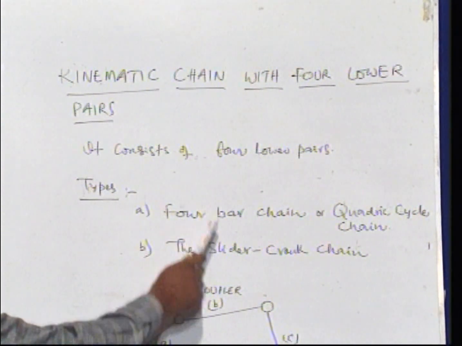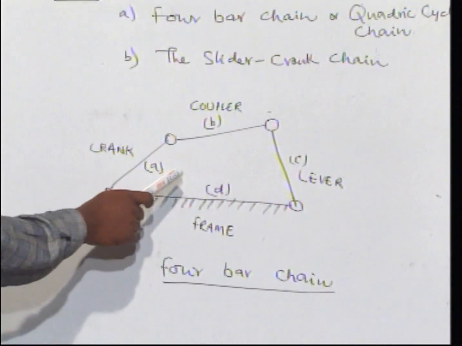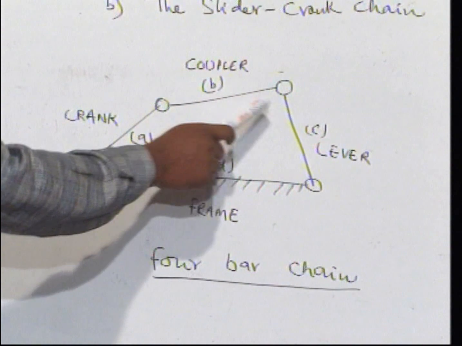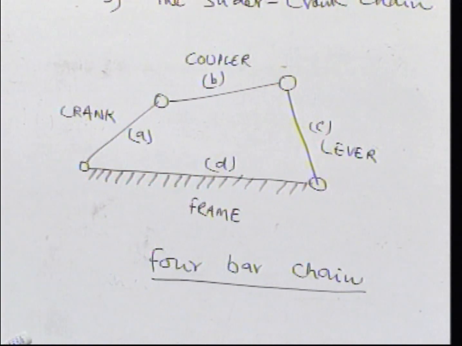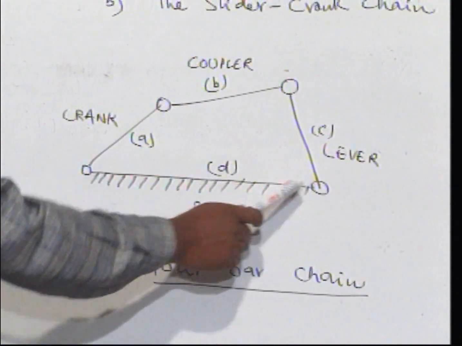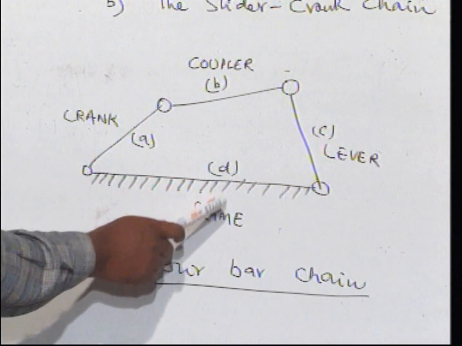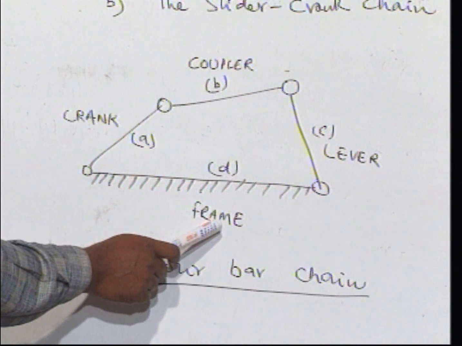Now, the 4 bar chain, as you see here, consists of 4 links, of which one link is fixed. It is named D here, and it is called the frame.